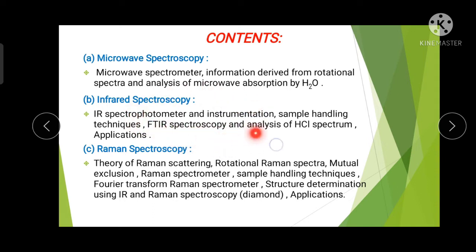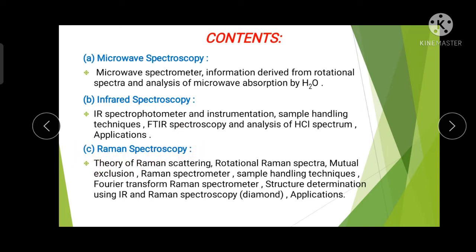And then analysis of an IR spectrum, that means with the help of this spectroscopy we can analyze the spectrum. We will study the spectrum in detail in our upcoming videos. And then its applications: there are a number of applications, so we will discuss the applications of that particular spectroscopy.